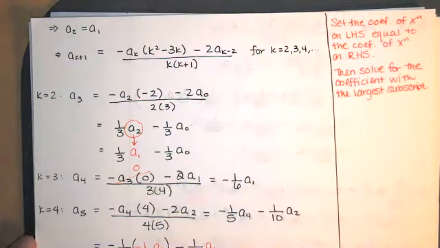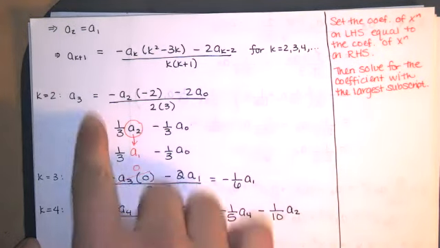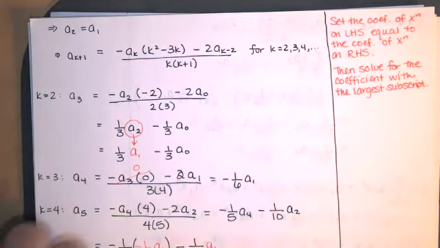So we did that. And then we evaluated this expression for as many terms as necessary until we got 5 coefficients that depended on a sub 0 and 5 coefficients that depended on a sub 1.